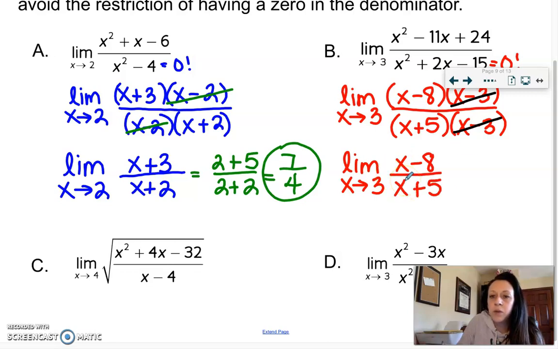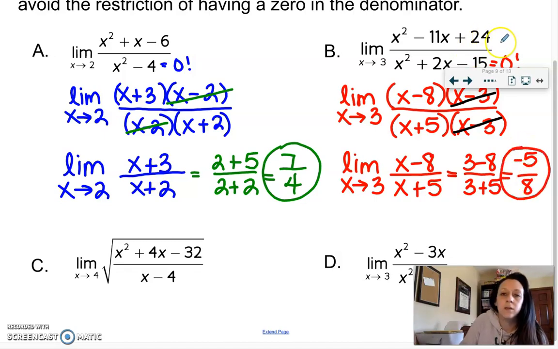All right, so here's our simplified equation, and we can do our plug and chug. And it looks like it's going to work because we're not getting a 0 in the denominator again. So I am going to get negative 5 on top and 8 on the bottom, and that is my limit. Okay, so negative 5/8.